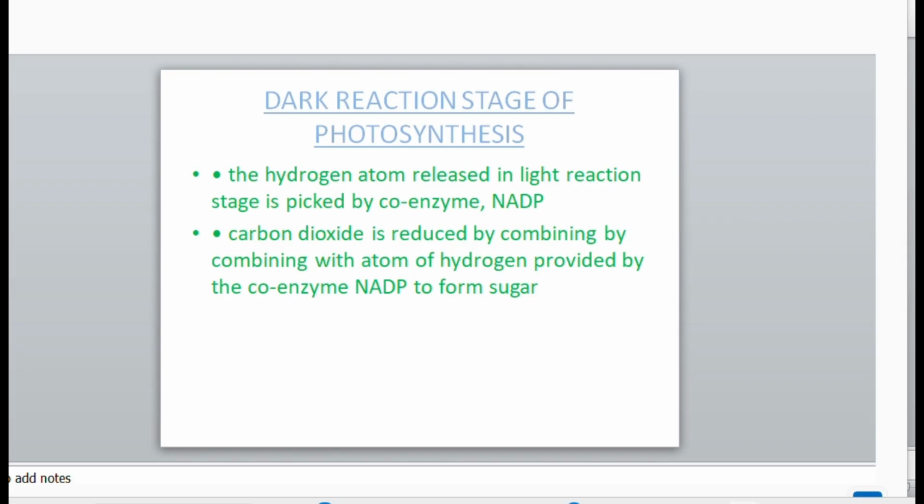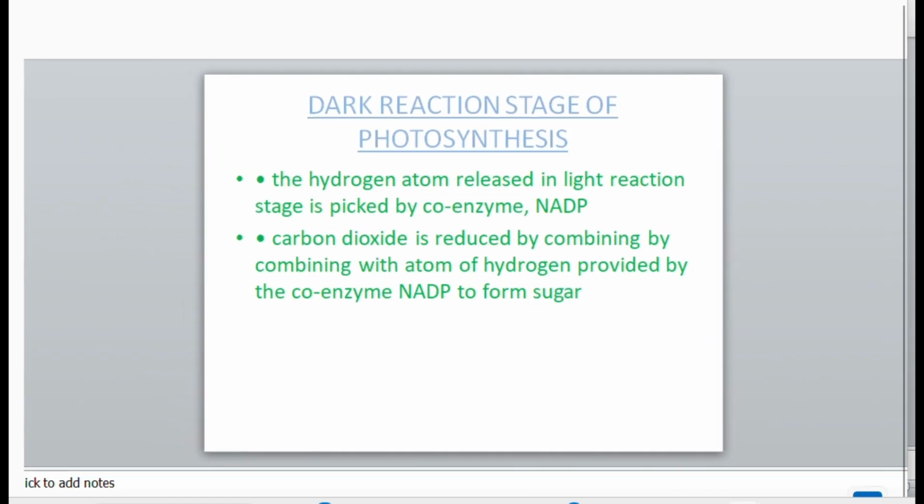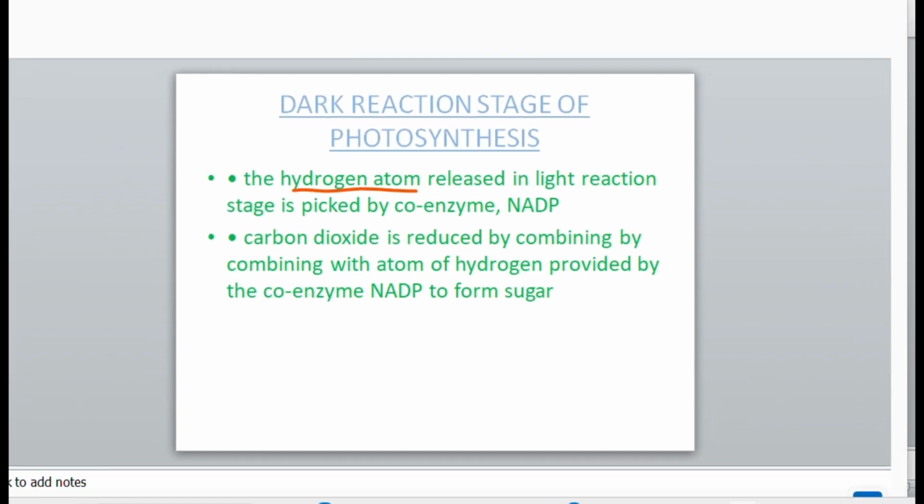In the dark reaction stage, or what we call the light independent stage, or the Calvin cycle, what happens is the hydrogen atom that was released in the last reaction stage.